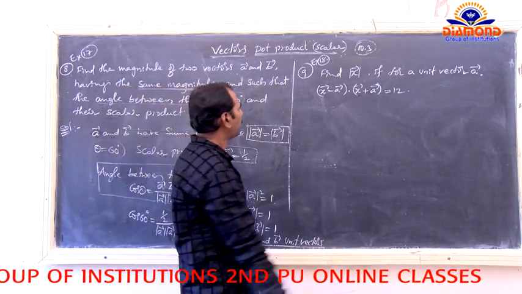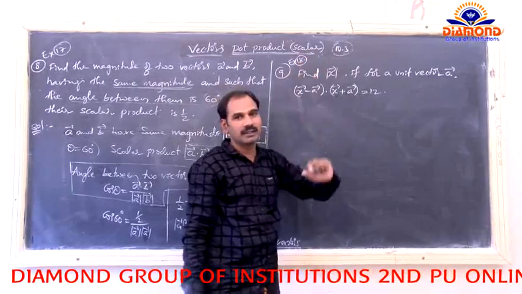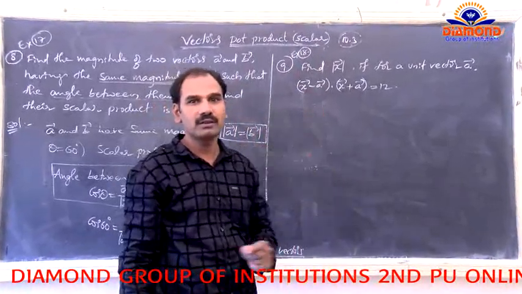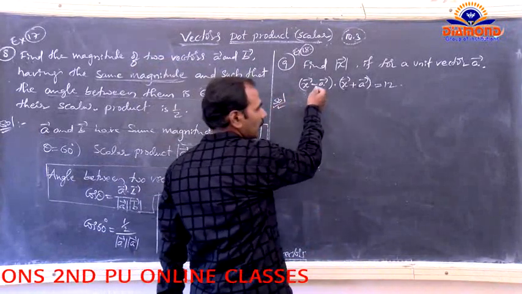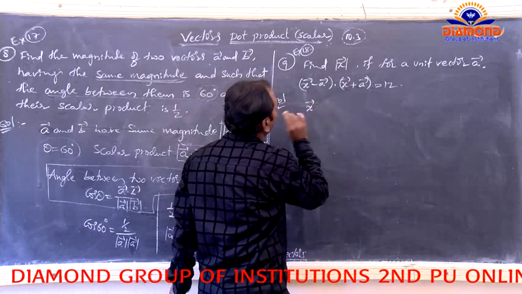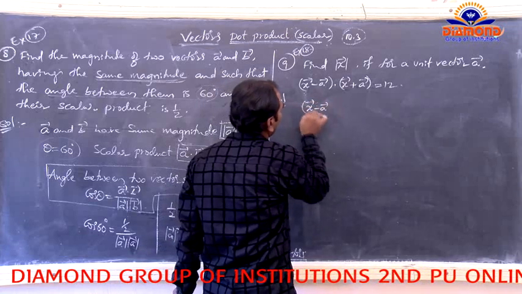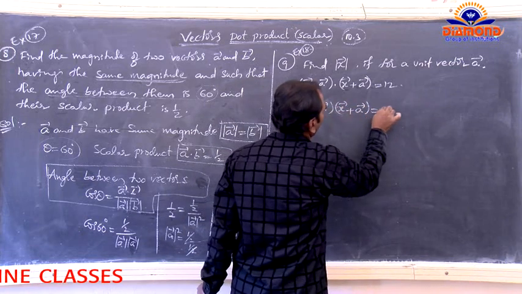Right. Next, question number 9 and example 18. These both also use the same method, an easy simple way. So solution. See here. X bar minus A bar into X bar plus A bar equal to 12.